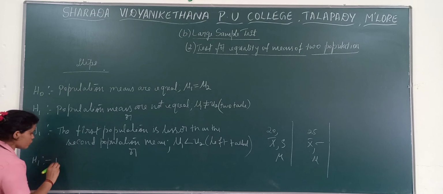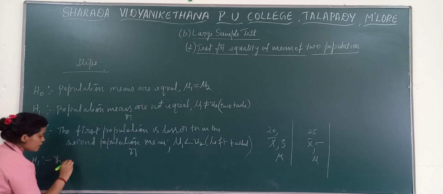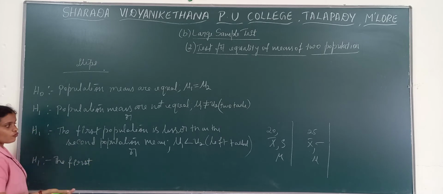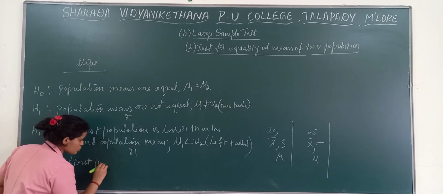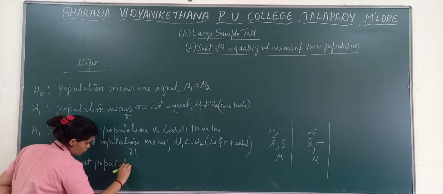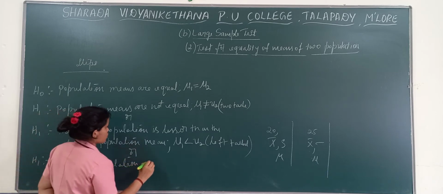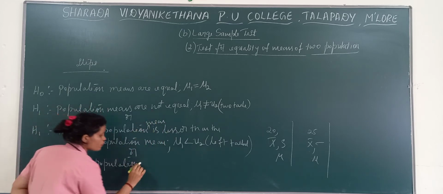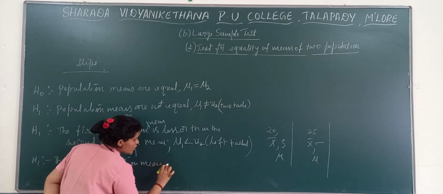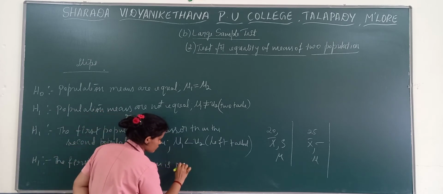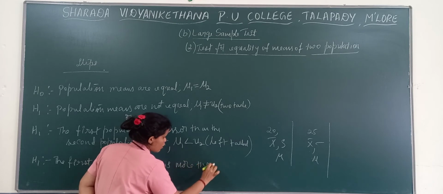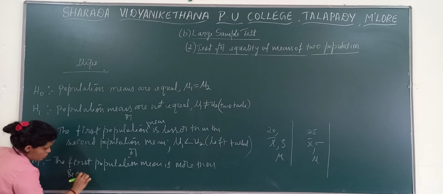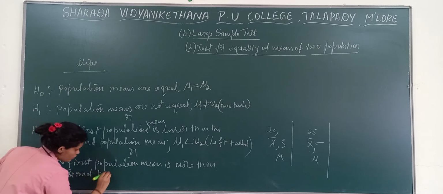In case of right tail, the first population mean is more than or greater than the second population mean.